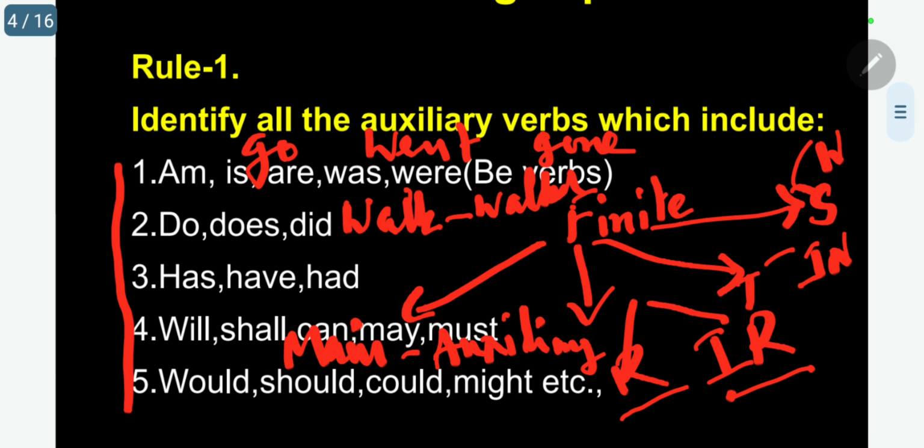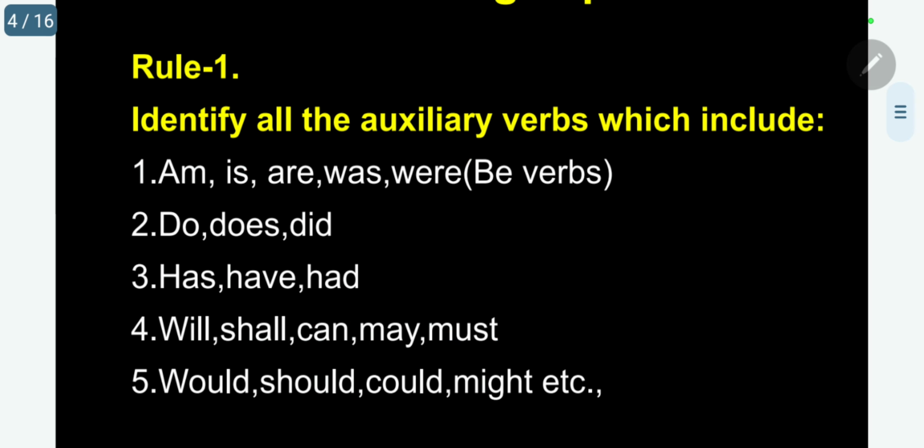Among these, I am giving importance to main and auxiliary because when we are raising questions, there are three types we are raising. Out of these three, two types we are raising with the help of auxiliary verbs. That's why it is very, very important.